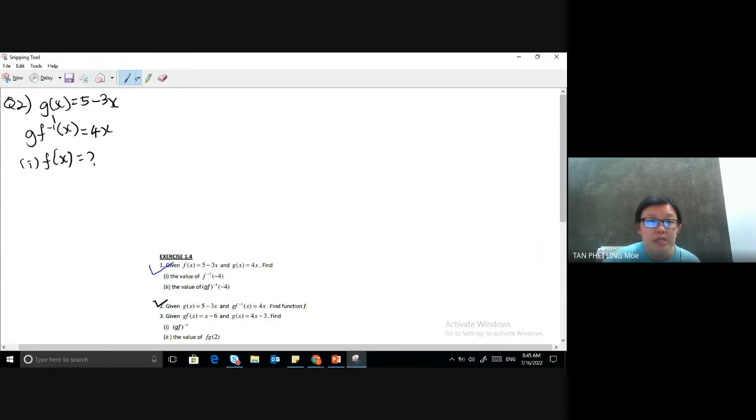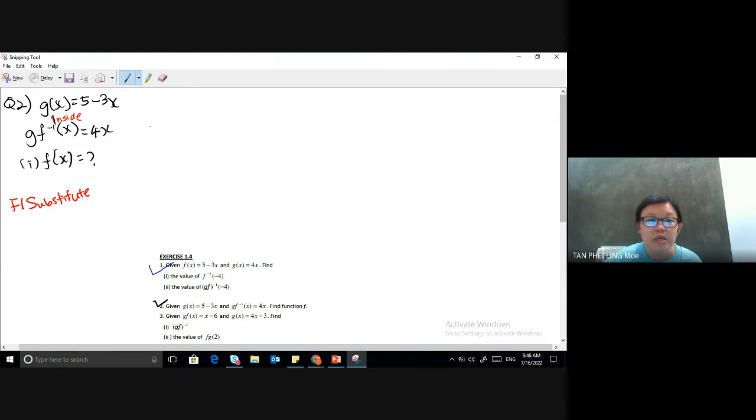Let me use the red pen to remind you this is the inside. So you want to use find inside, substitute. But when you substitute, you are getting f inverse. So you have to do one more step, which is to find the inverse of f inverse.